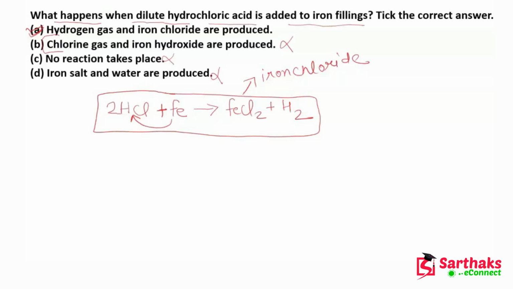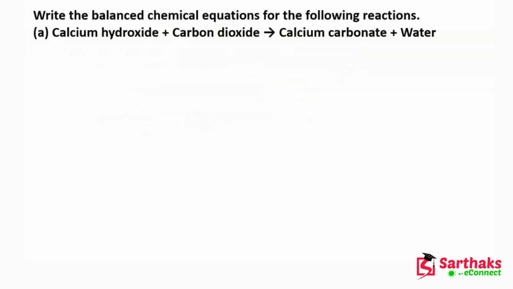Now let's move ahead. Here we have been given an equation and we have to balance it. Write the balanced chemical equation for the following reactions. First of all, I will write this equation. Calcium hydroxide, what is calcium hydroxide? Ca(OH)2.